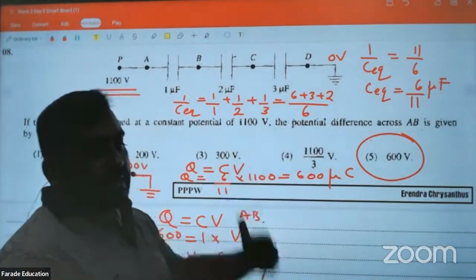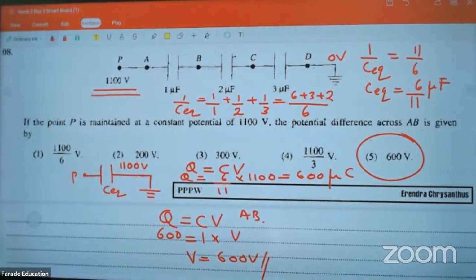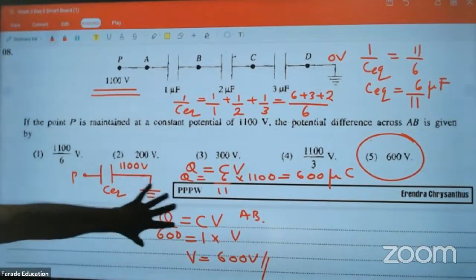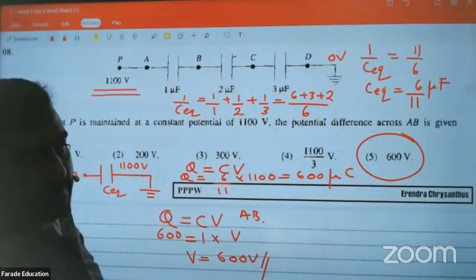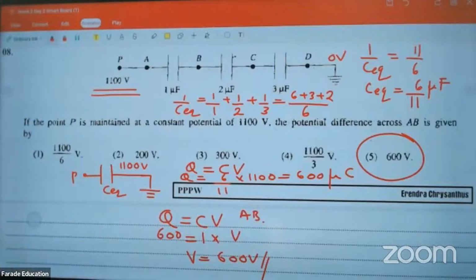And then find the charge. From the charge, we can find the potential difference across AB.